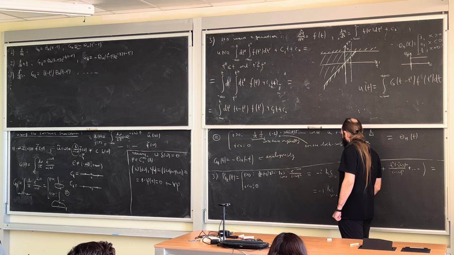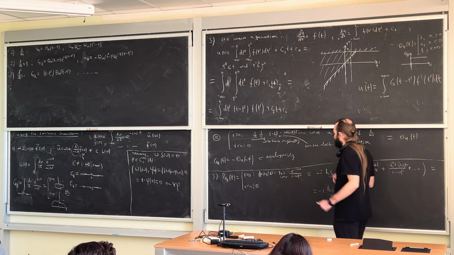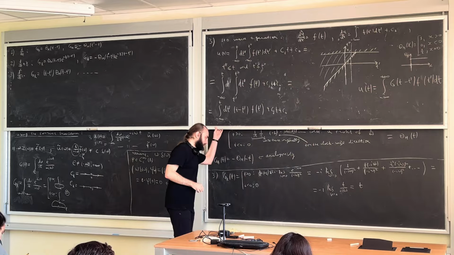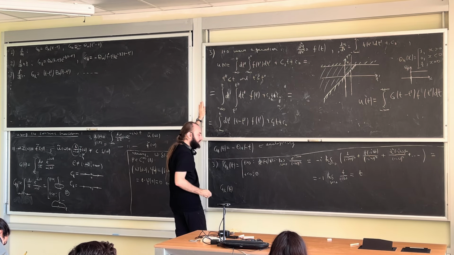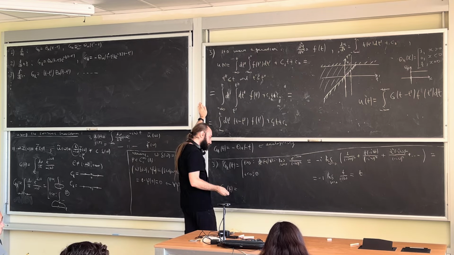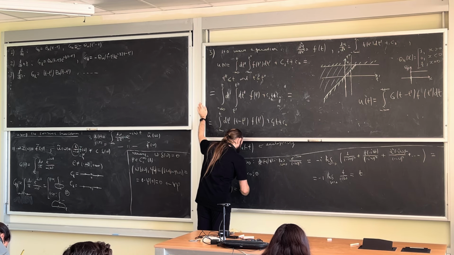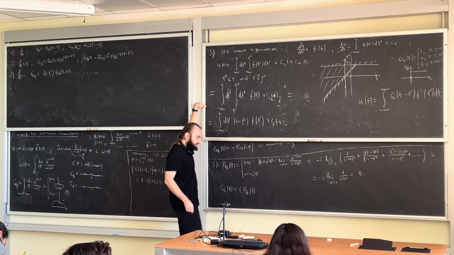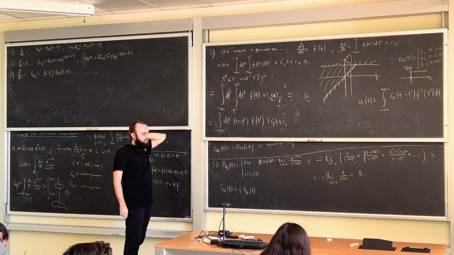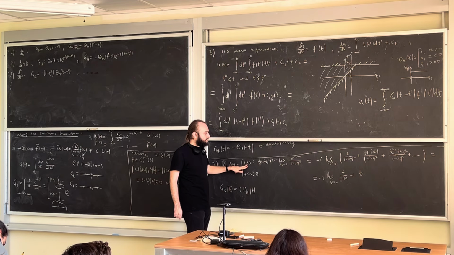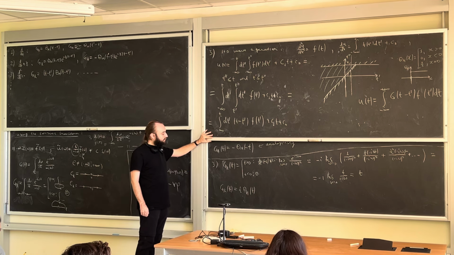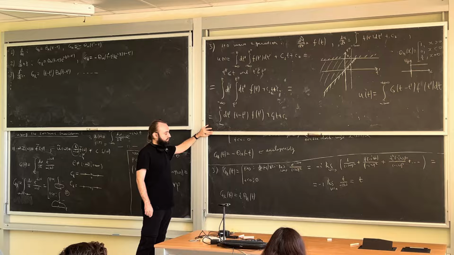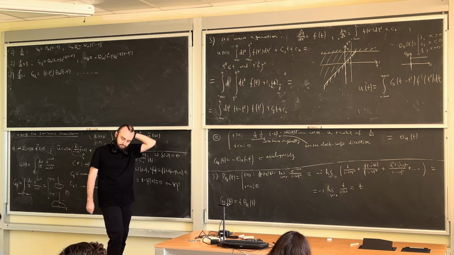So this equals t. So the Green function itself equals t times theta of t, because it's t for t greater than 0 and 0 for negative t's. Right?